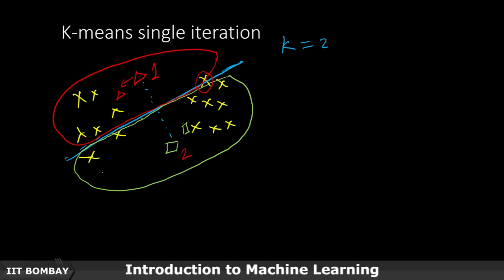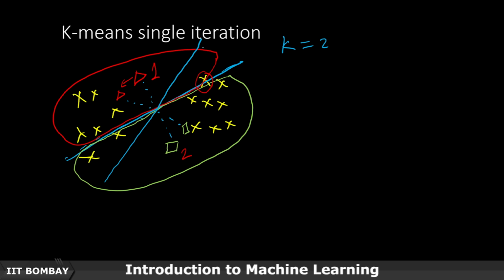However, once these are shifted, my partitioning of the cluster changes, and my next blue line will be something like this. The next blue line that partitions the points into two different cluster centers will change, and now the division of the points between cluster 1 and cluster 2 looks more natural.